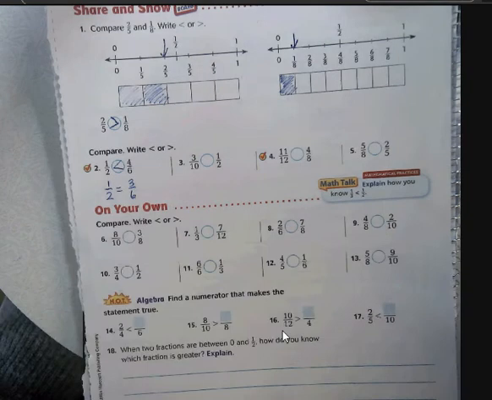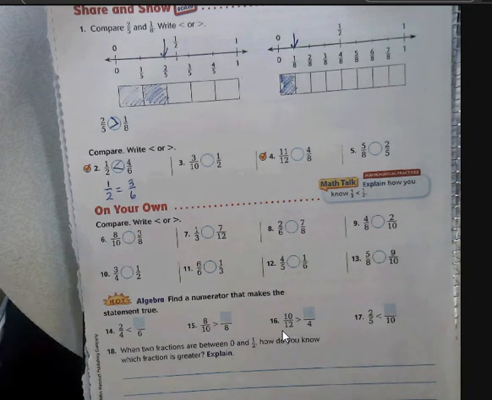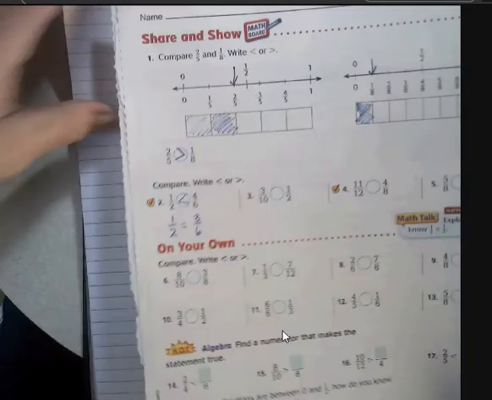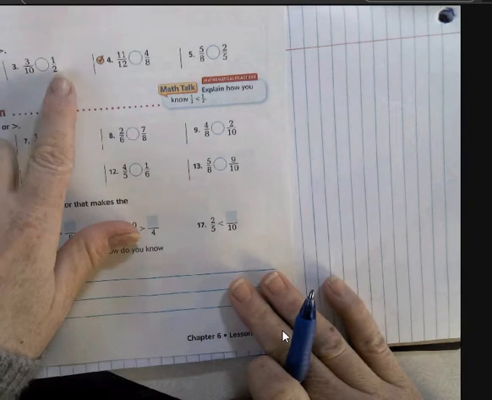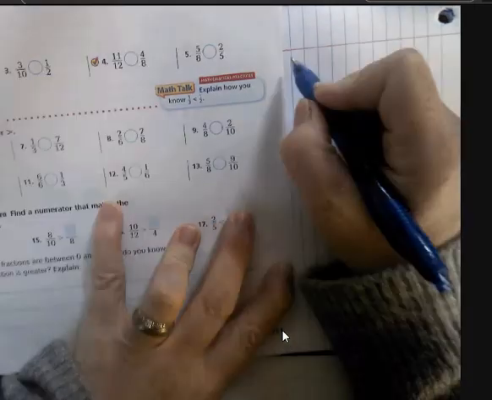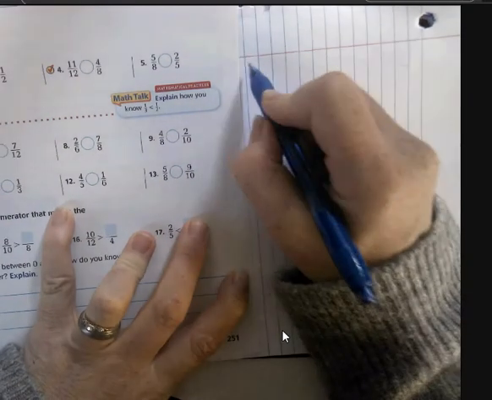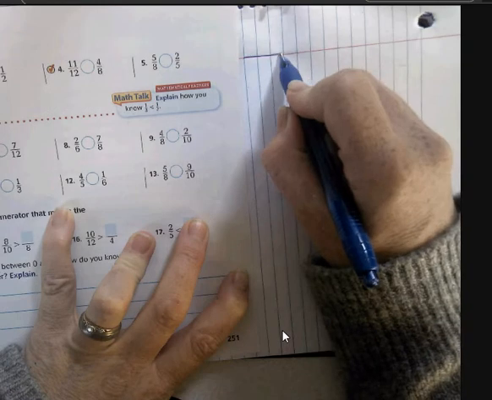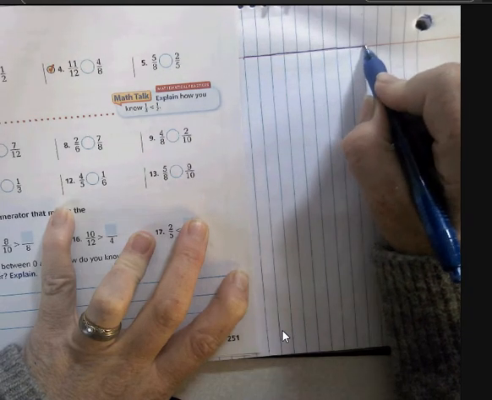Now, if you don't know how big something is, one thing you can do is use lined paper. I'm going to show you real quick how you can use lined paper to figure out your math problem. So this one is 3/10 and 1/2. I'm going to use my lined paper sideways so I can make my fraction bars. 1, 2, 3, 4, 5, 6, 7, 8, 9, 10.